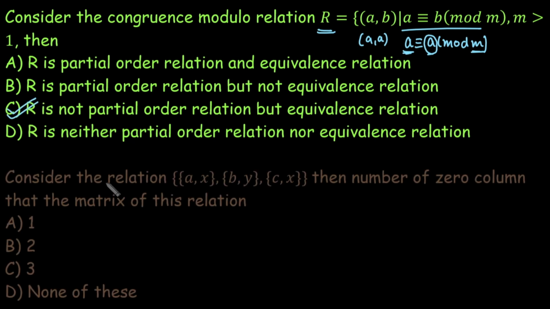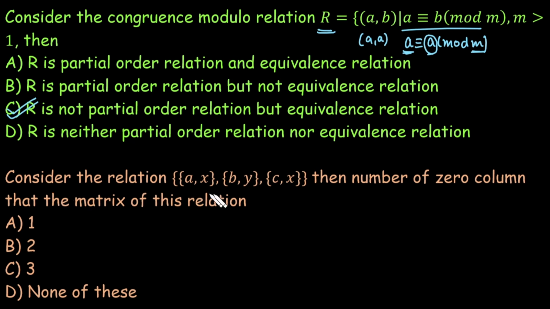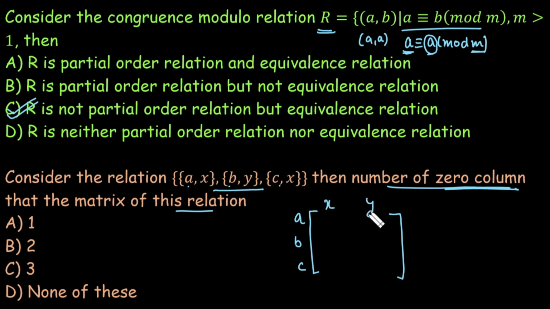Next question: consider the relation, then the number of 0 columns in the matrix of this relation is? First we will take the relation. As you can observe, we are getting 3 elements in the first set, so it's like A, B, C. These represent the rows, and the two elements x, y represent the columns.